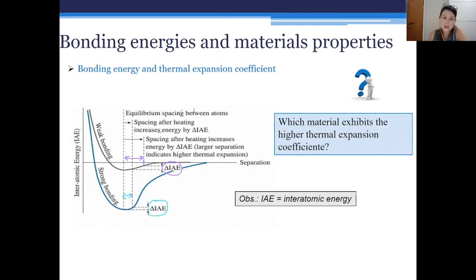So the spacing after heating for the blue material will be lower than for the material represented in gray.